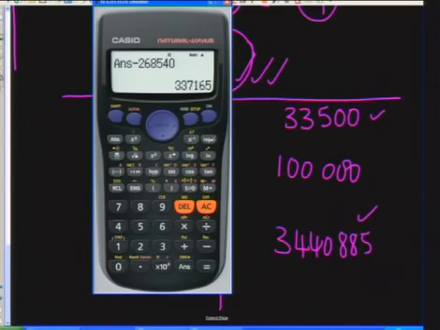What do we need? Remember, it is 3,440,885 plus 100,000, plus 33,500, and what do we do with it? We say minus, and let us get our balance that we had in this account here.